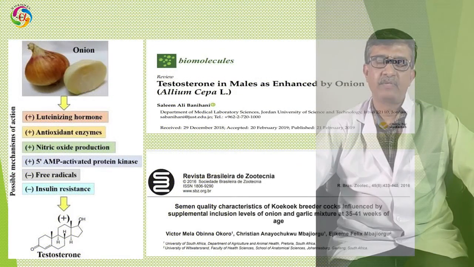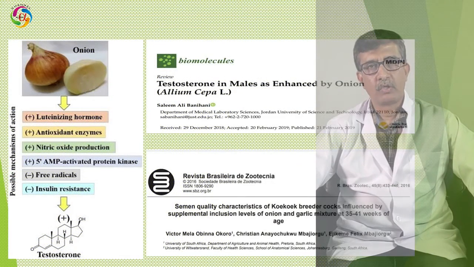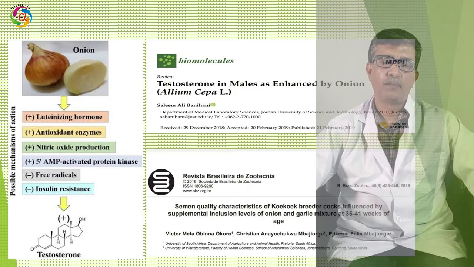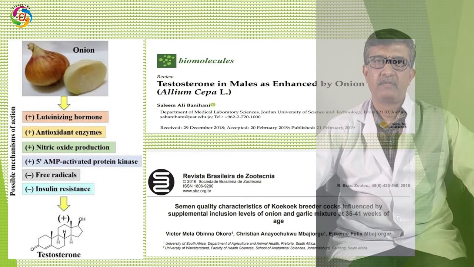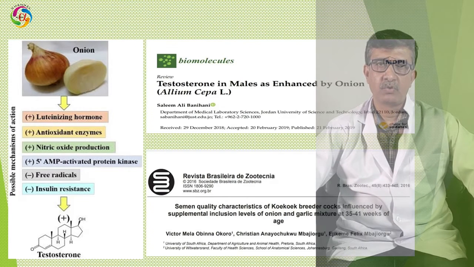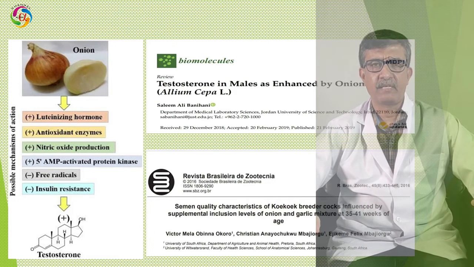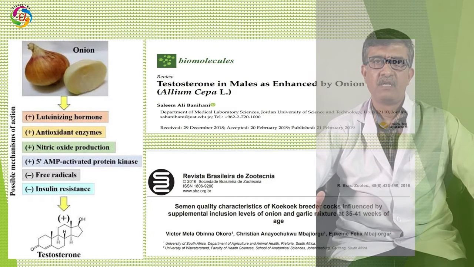In the present slide, we are showing how onion can improve testosterone production in male birds and animals through luteinizing hormone, through cyclic AMP, through nitric oxide, and also through some antioxidant activity. They also reduce insulin resistance, and so many activities have been demonstrated.